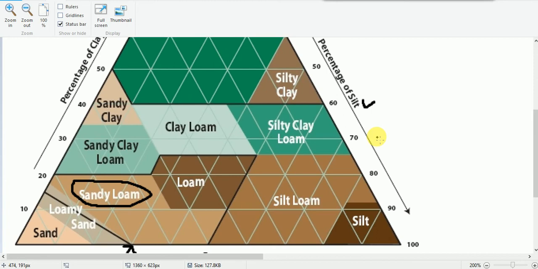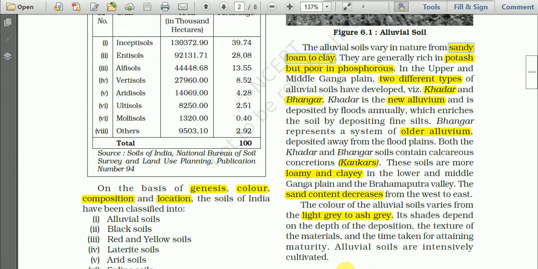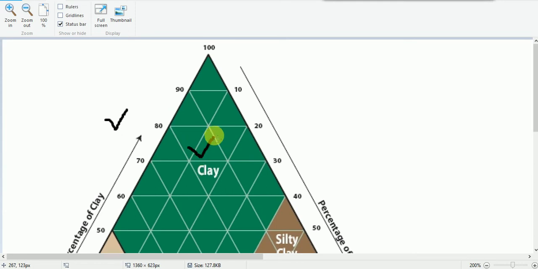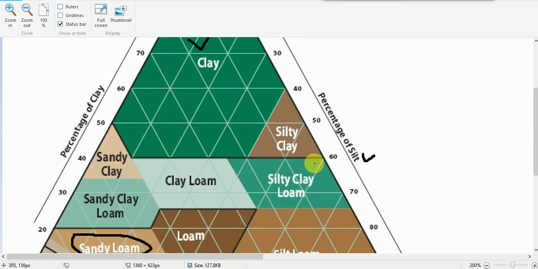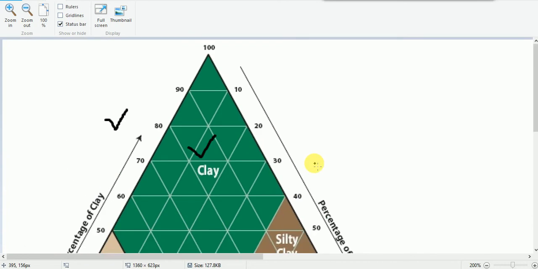So in case of sandy loam, the percentage of sand is very high, ranging between 50 to 70%. Then to clay. For the clay, it is here, just see this area. In case of clay soil, the percentage of sand is very low, mainly composed of clay. Just see this triangle.